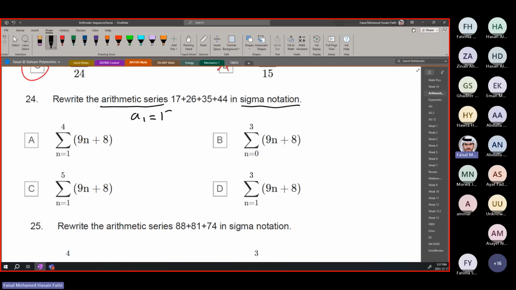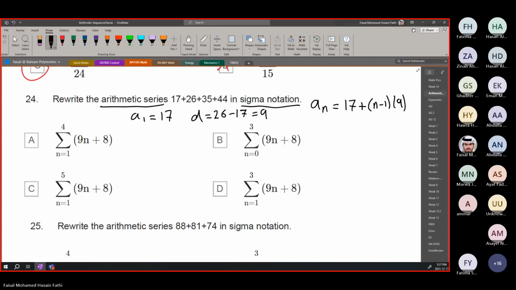Your A1 is 17. Your common difference is 26 minus 17, which is equal to 9. This is your first step. Now find your AN equation. What's your AN equation? A1 plus n minus 1 times 9.